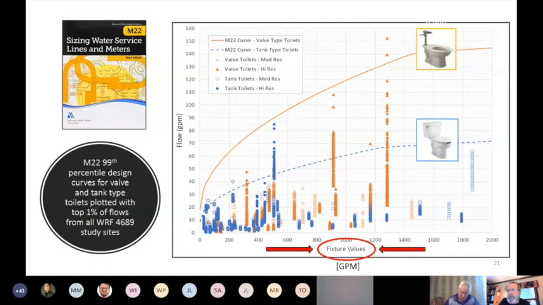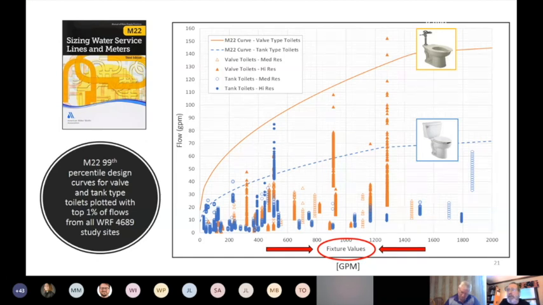If you take a look at a building with a number of fixtures and ask yourself, if I activated every fixture in that building, what would be the flow rate, assuming all those fixtures could run independently? That would be the total demand for the building. So that becomes the x-axis. And then on the y-axis, we empirically plot observations from the field.